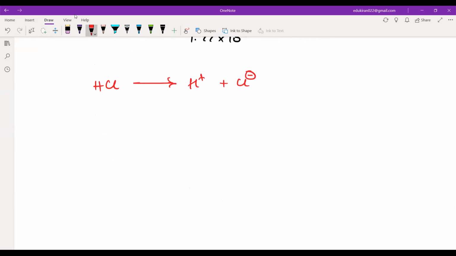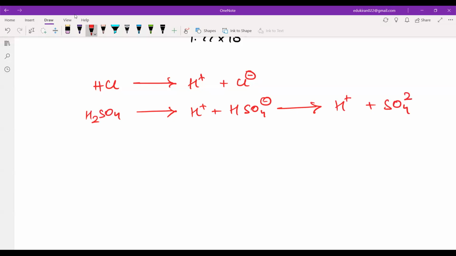But if I look at some acid, let us say H2SO4, this can give me H plus and HSO4 negative. Now this HSO4 negative can also give me H plus and SO4 2 negative, right? So HCl is a monobasic acid, that means it can handle 1 mole of base, and H2SO4 is dibasic because it has 2 H plus ions which can be liberated.